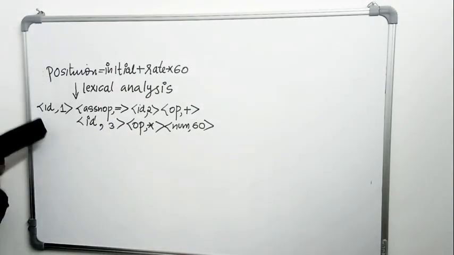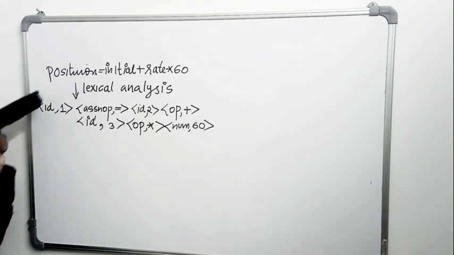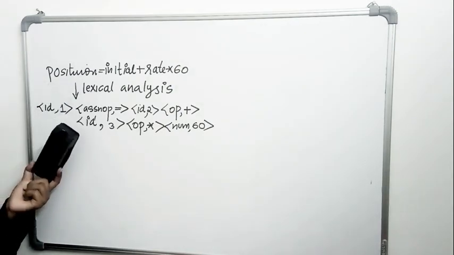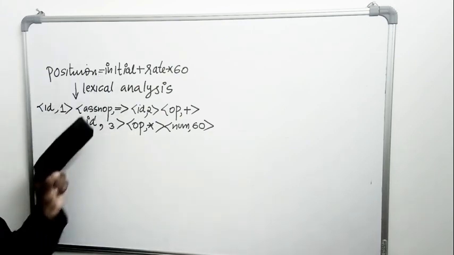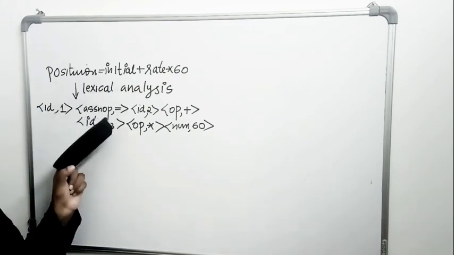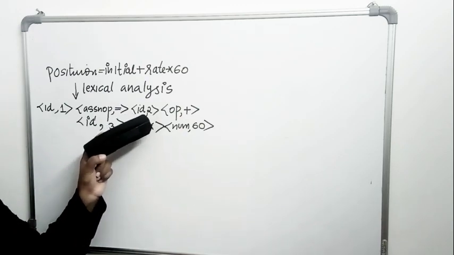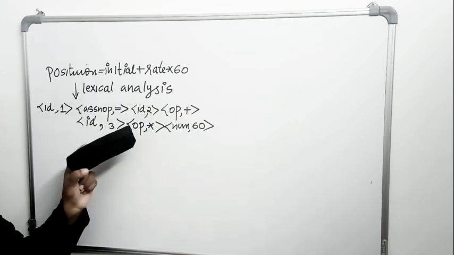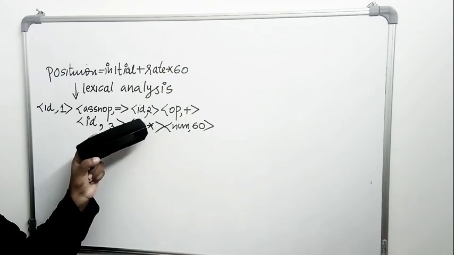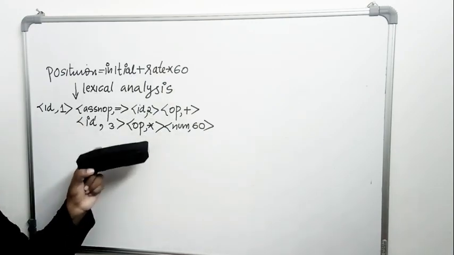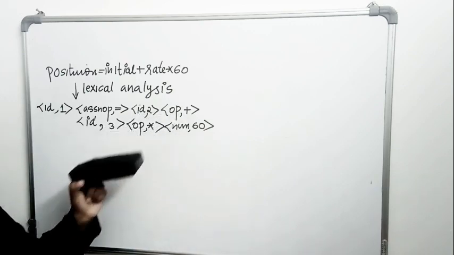So ID, 1 means that the identifier position is present in the first row of the symbol table. Now equal to is an assignment operator. Then initial is again an identifier; 2 here means that initial is present in the second row of the symbol table. Now plus is an operator, so the token returned is op.